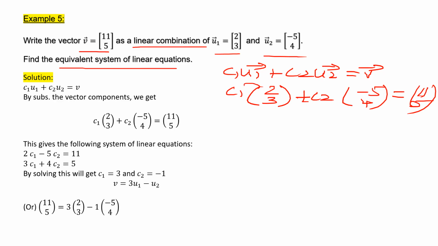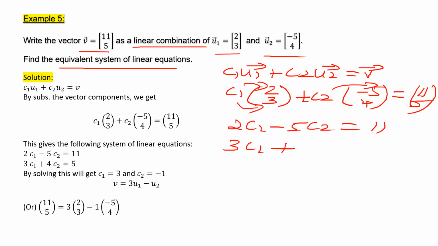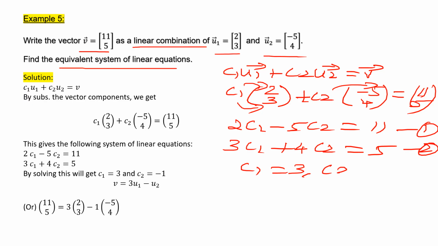By multiplying this, I will get 2c1 minus 5c2. This is equal to 11. Similarly, by taking the second row, we will get 3c1 plus 4c2 is equal to 5. So now I have two equations. By solving these equations, we will get c1 equal to 3, c2 equal to minus 1.